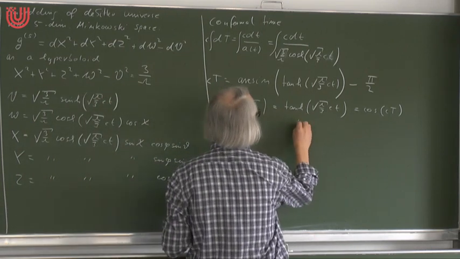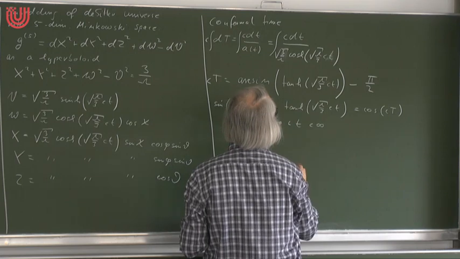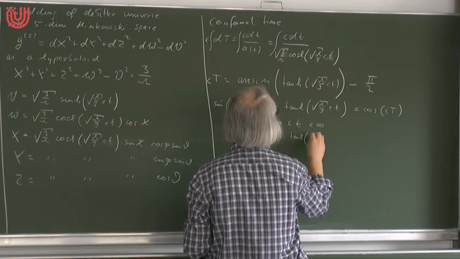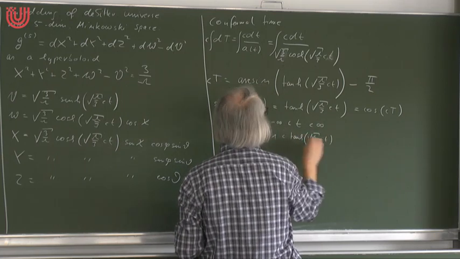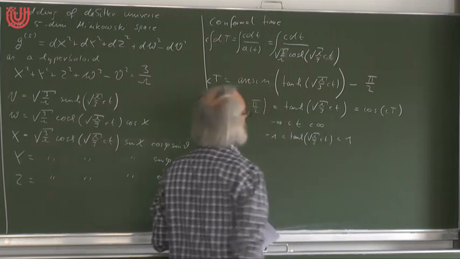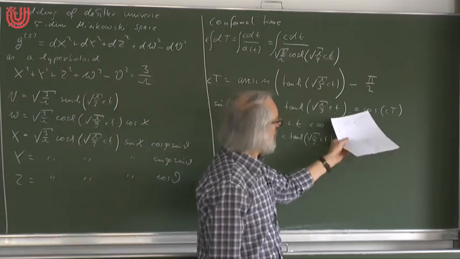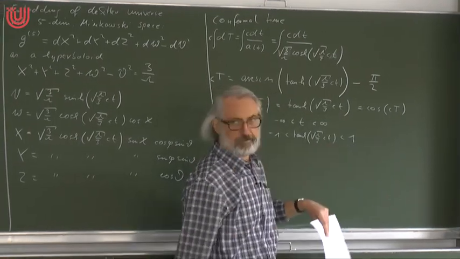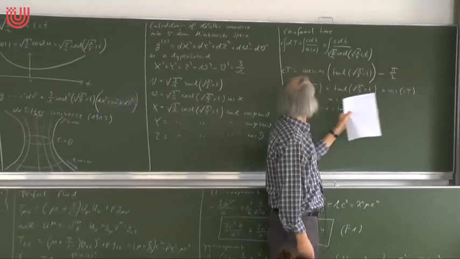So if t runs from minus infinity to plus infinity, this hyperbolic tangent runs from minus 1 to plus 1. This means we can choose an interval where whenever this becomes 0, the space-time is gone. Yeah, it's destroyed. So we have to choose an interval where this is non-zero.